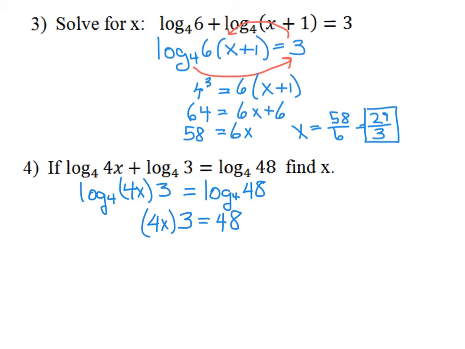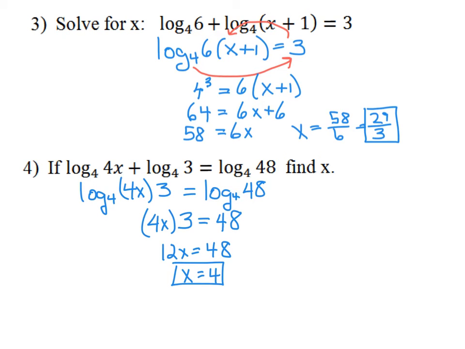So this kind of equation is different from the last 3 examples where I had a log only on one side, because in those cases I had to solve by writing the equation exponentially. In this case I don't write it exponentially, I drop off the logs and solve. So now I have 12x is equal to 48. So dividing both sides by 12, that gives me that x is equal to 4.